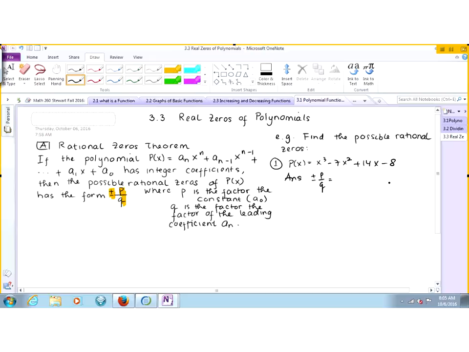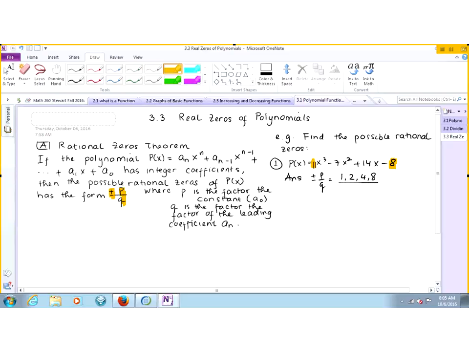So what is your P here? 8. So I'm looking at 8. And what are all the factors of 8? 1. What else? 2, 4, and 8. Yeah. And what is your Q? 1.